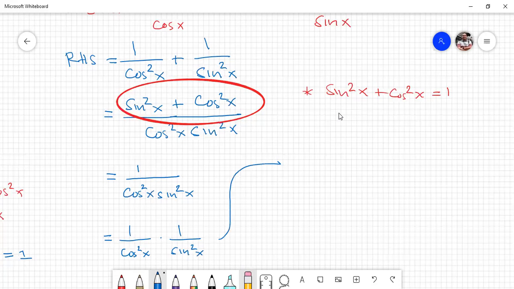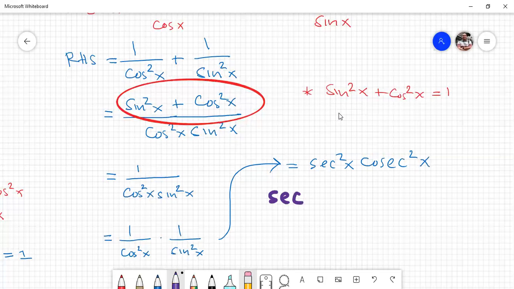And 1 over cosine square x is equal to secant square x. Meanwhile, 1 over sine square x is equal to cosecant square x.